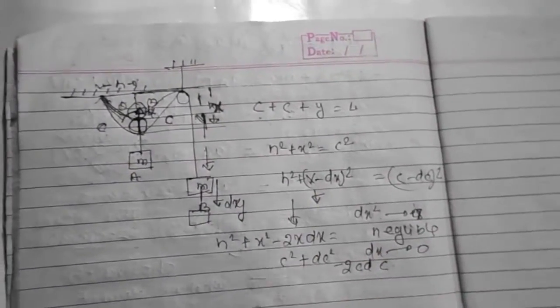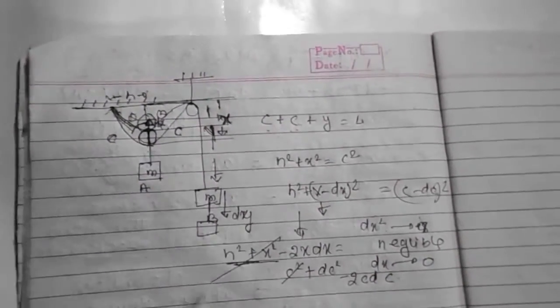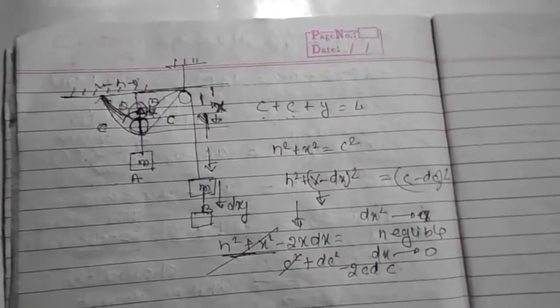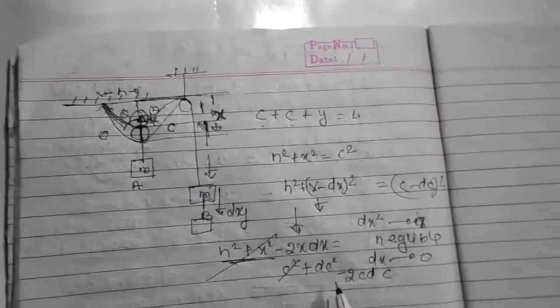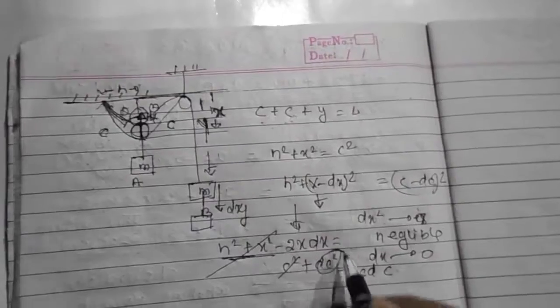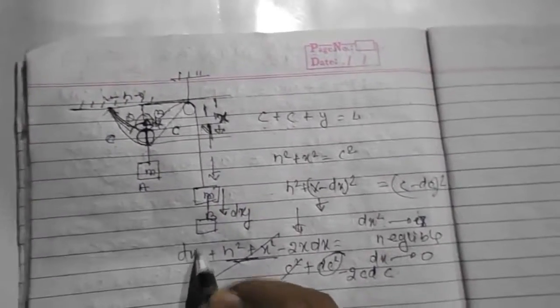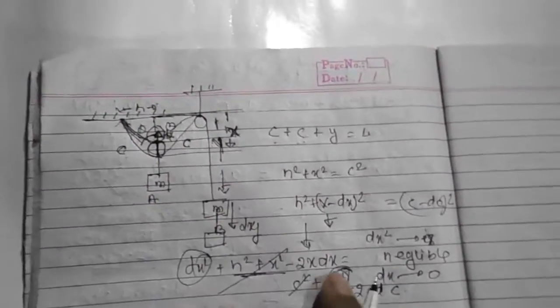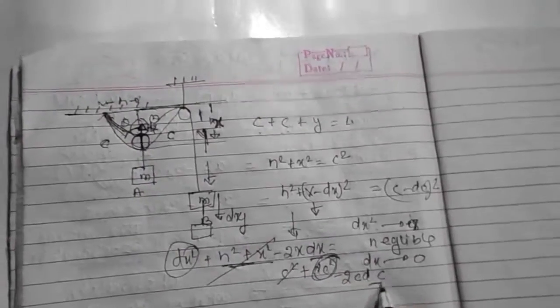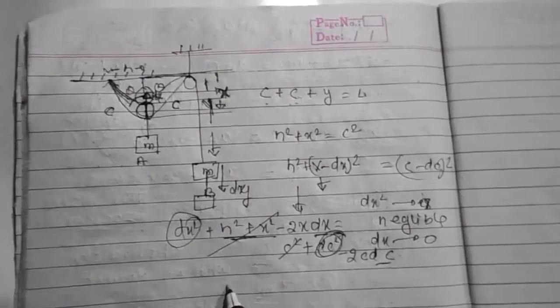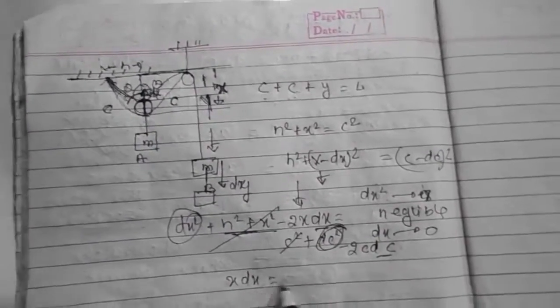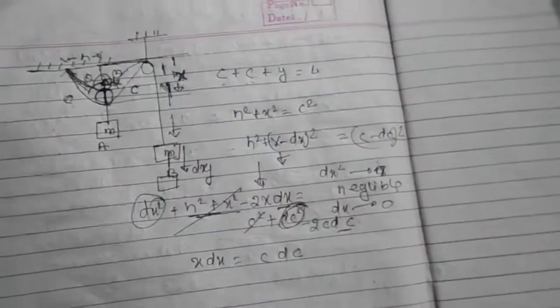If you see carefully, h square plus x square and c square cancel out, and dx square and dc square are very small in comparison with dx and dc, so they are going to cancel out. So what I find is x dx is equal to c dc.